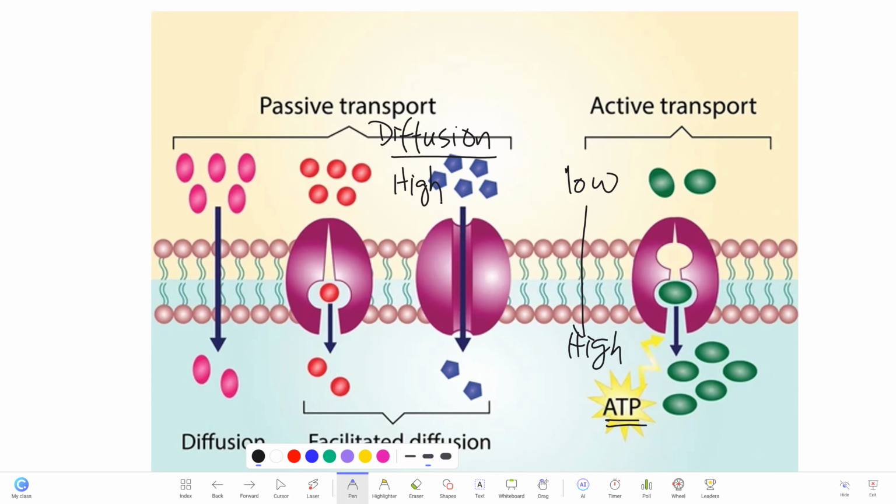What are the two kinds of transport? Diffusion and active transport. There's another kind of diffusion, but don't learn it now, later. What is active transport? When molecules move from low to high. What is diffusion? Molecules move from high to low. Is it good? Okay.